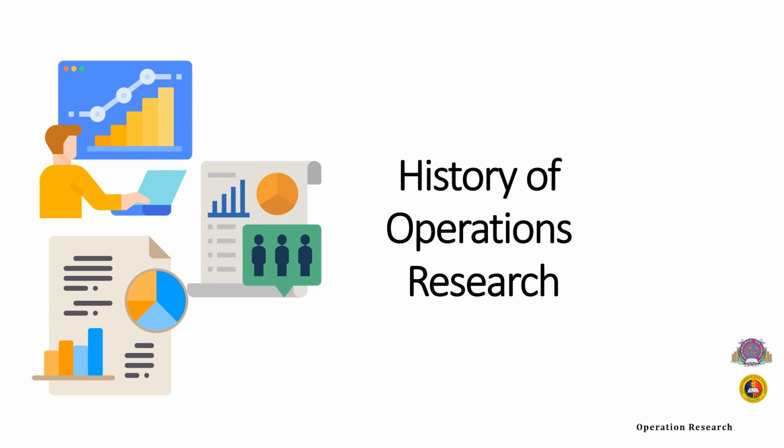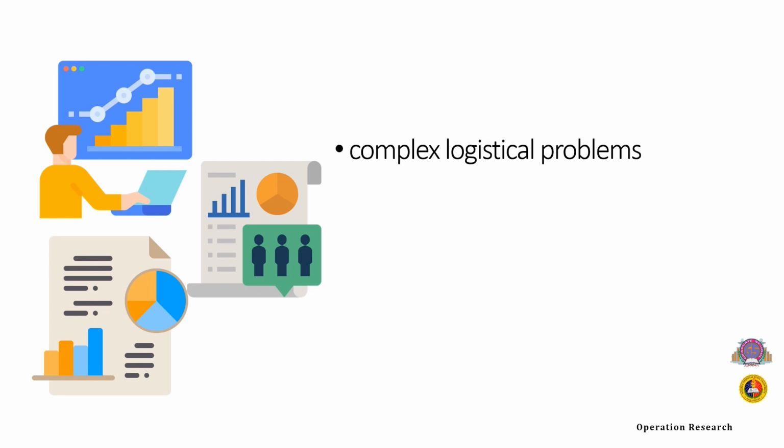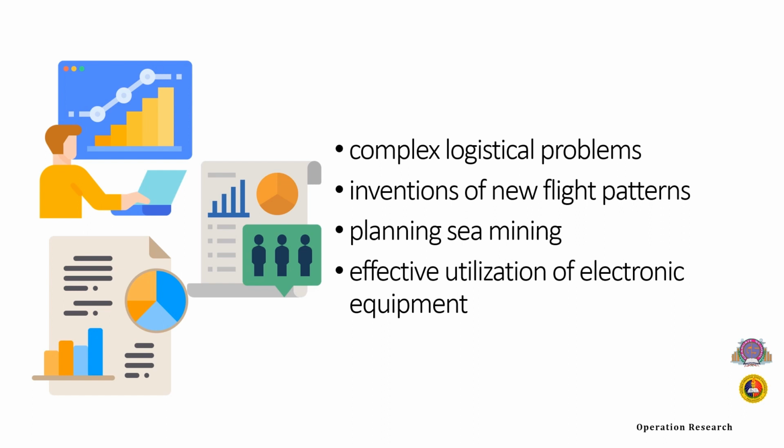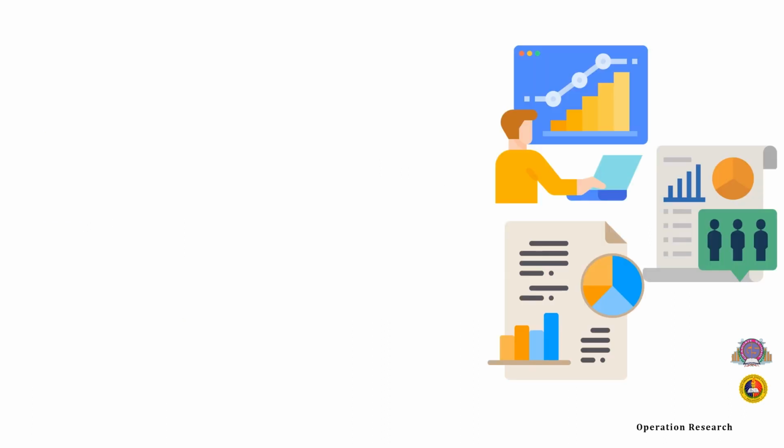With the success of the English group of scientists, the Americans also hired their own group of scientists in order to research on complex logistical problems, inventions of new flight patterns, planning sea mining, effective utilization of electronic equipment.